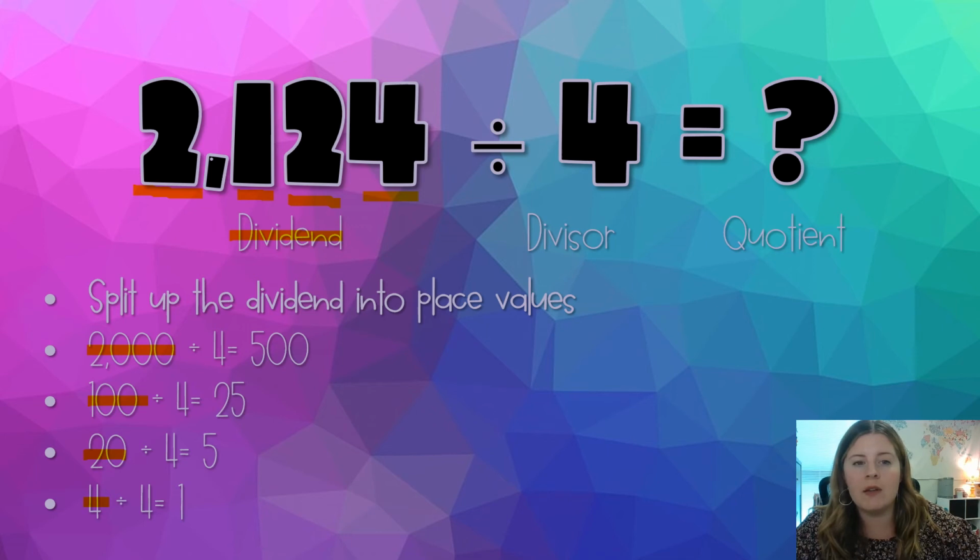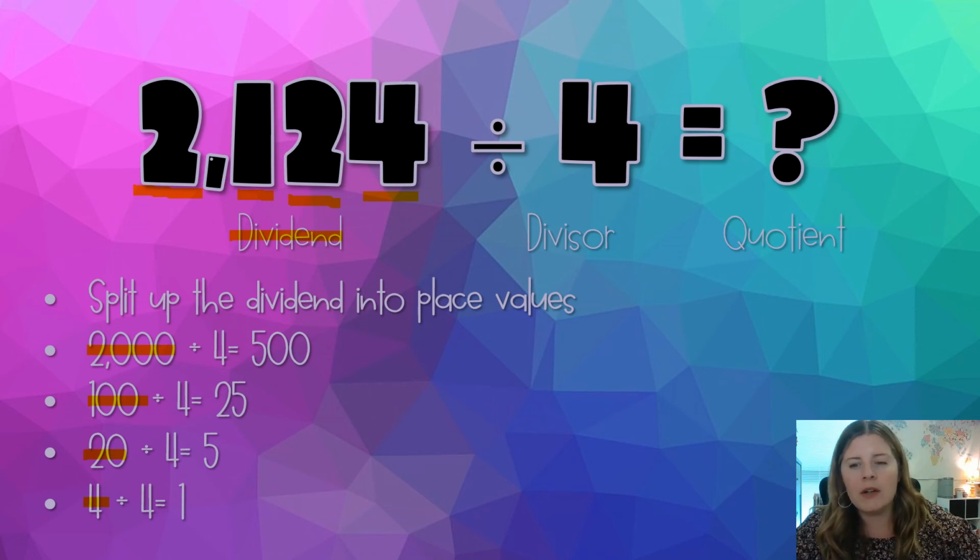So 2,124. It's sort of like expanded form. So 2,000 divided by 4, 100 divided by 4, 20 divided by 4, and 4 divided by 4. And we get 500, 25, 5, and 1.